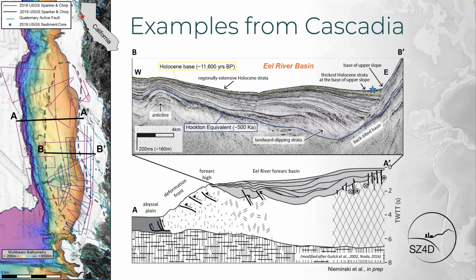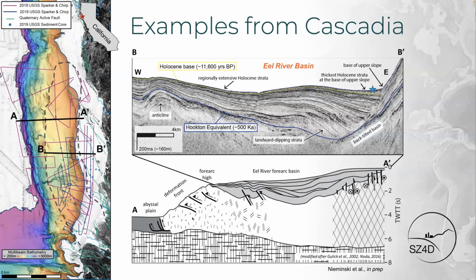And so here, these are from southern Cascadia, as you can see from the inset here. The lower image shows a cartoon based on seismic reflection imaging, and emphasizes that seismic reflection data can give us the broader tectonic context and geometries that can help us understand and contextualize sediment transport.